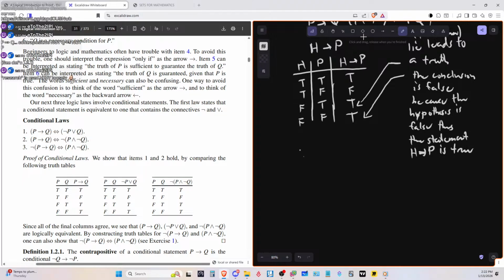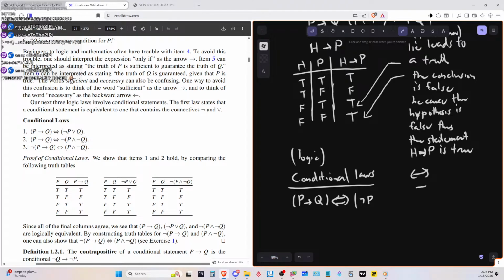So, logic, conditional laws. P implies Q. If, actually, what's the difference between this and this?